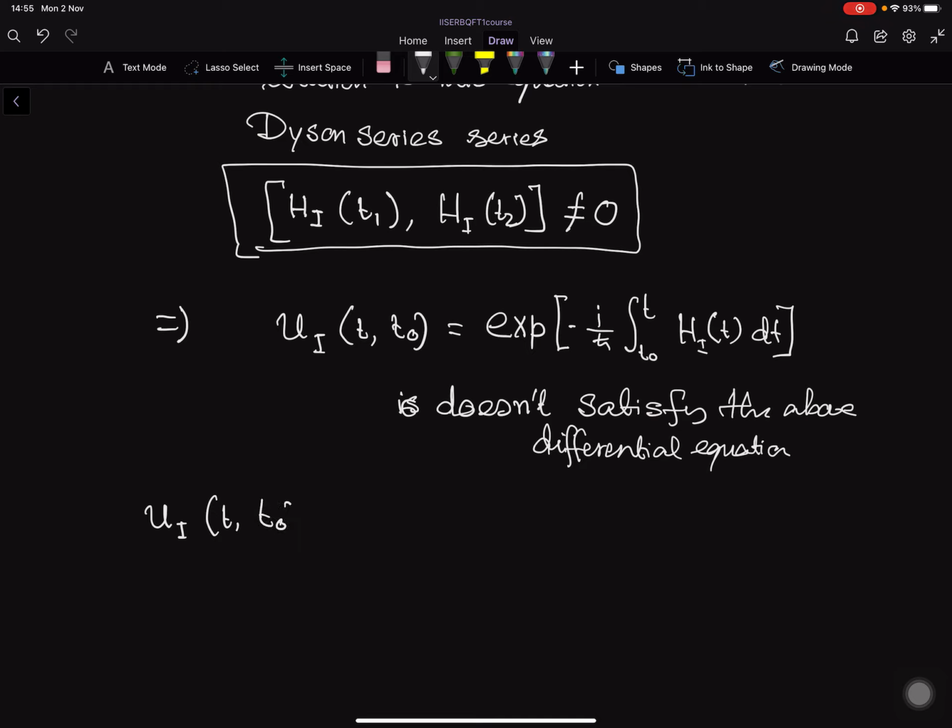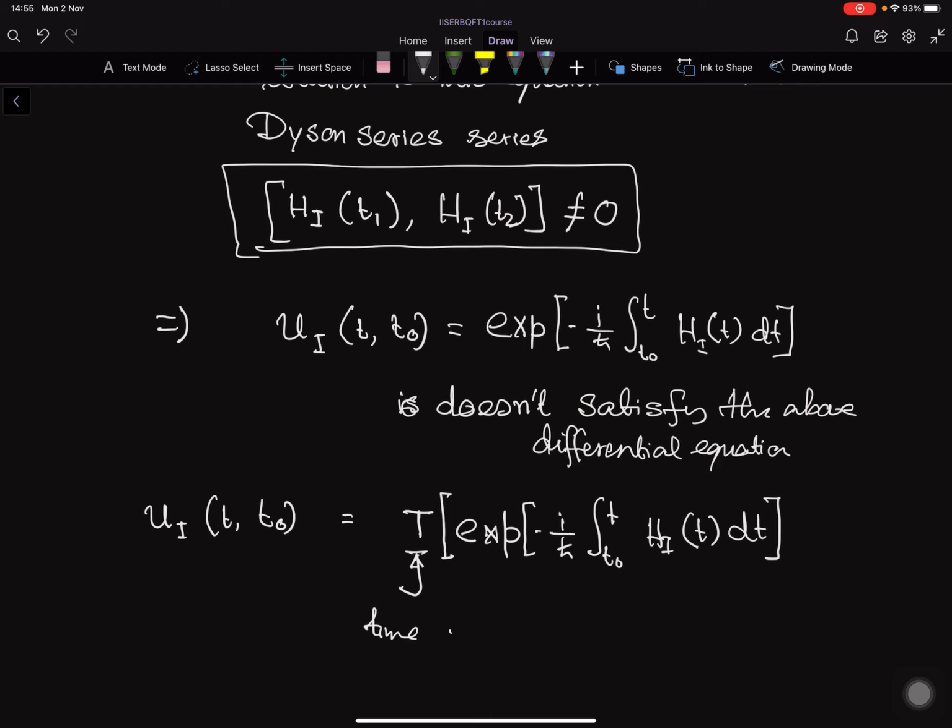The only difference between the expression I am writing and the above expression is this operator T. This is the time ordering operator, which we introduced previously.